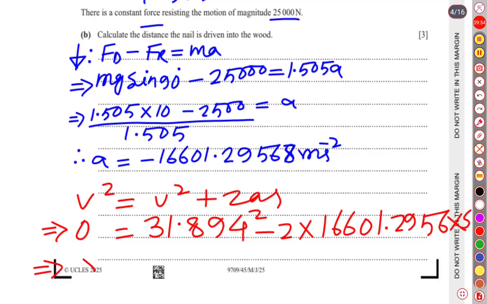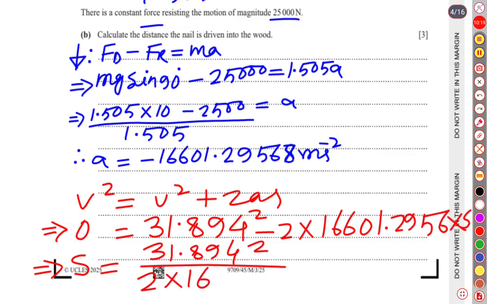And s is what we require. If we transpose this to the other side, it is negative, so both of them are going to be positive. 31.894 square is equal to 2 into 16601.295 into s. There will be no negative symbol. Then let's use our calculator.